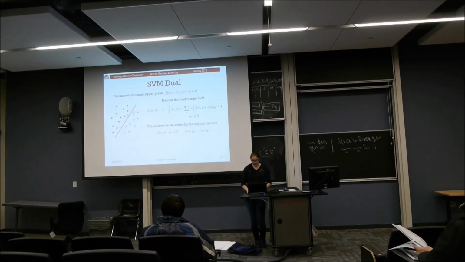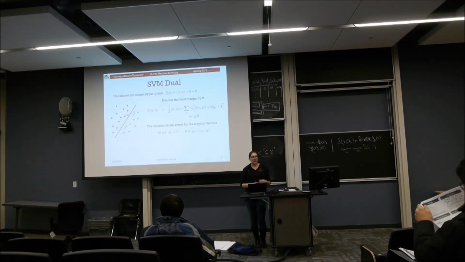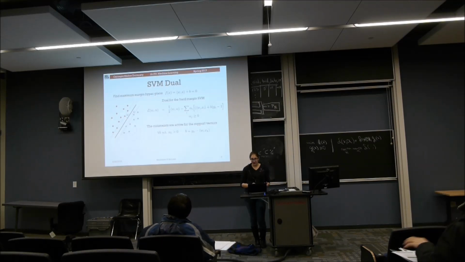Okay. All right, and as I said, does everyone understand why the constraints are only active for the support vectors? What does it mean that the constraint is active? It means that those alpha k's are greater than 0. Okay? And that only happens for the points that are exactly on those lines that I drew there.